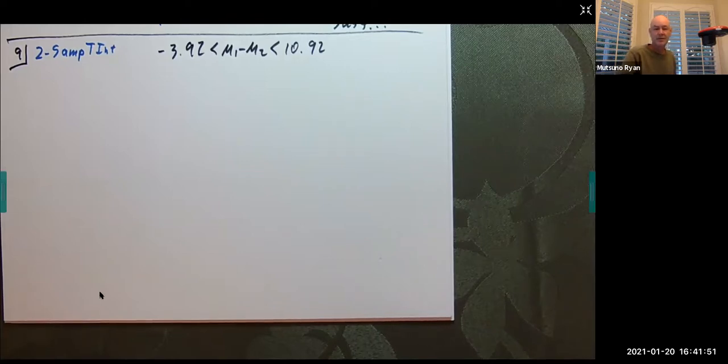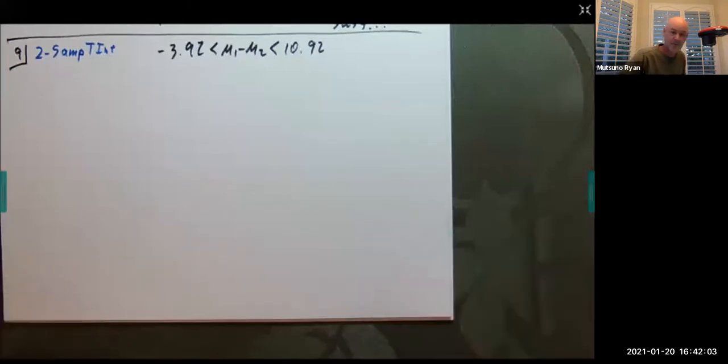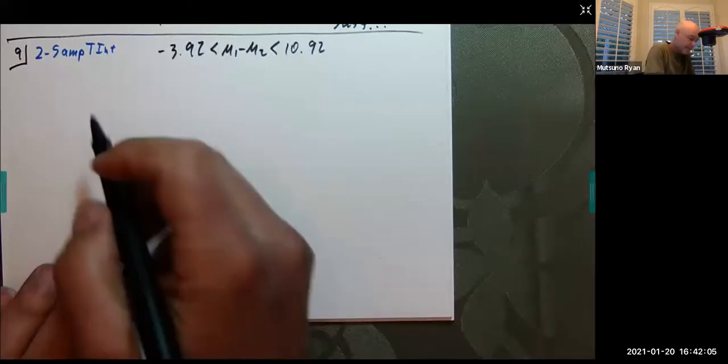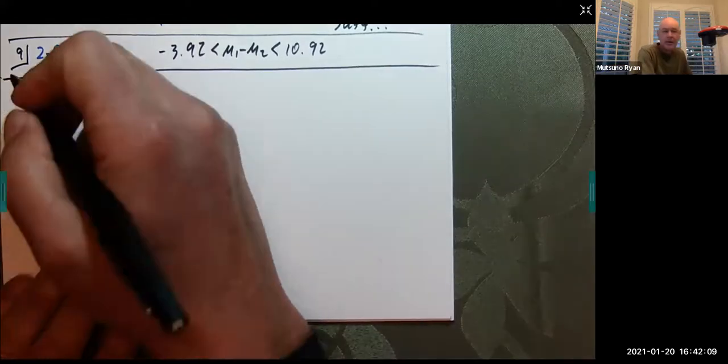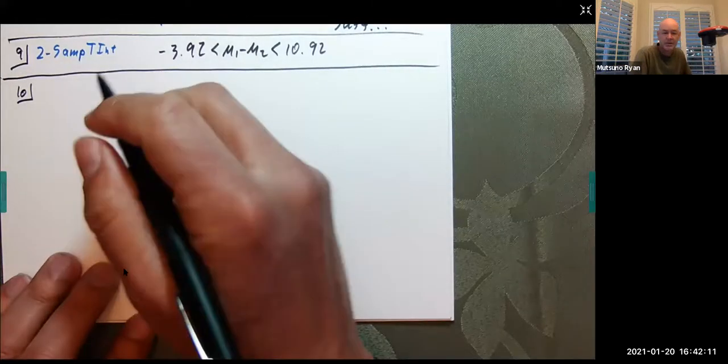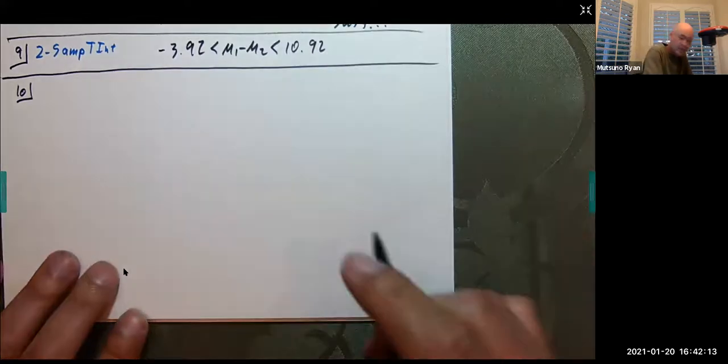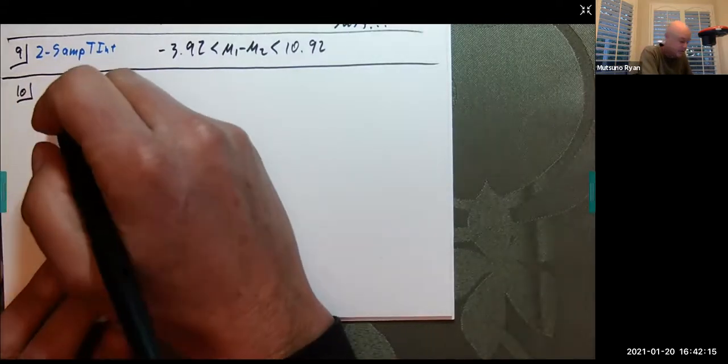All right, in this case, they are telling us that we're going to assume that the population standard deviations are equal, so we can turn on the pooling. So let's run a test. They want us to use a 0.02 significance level.